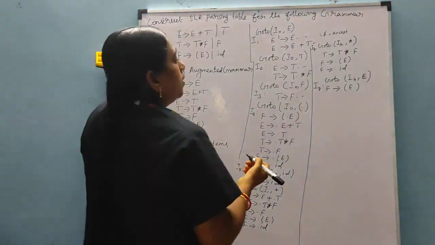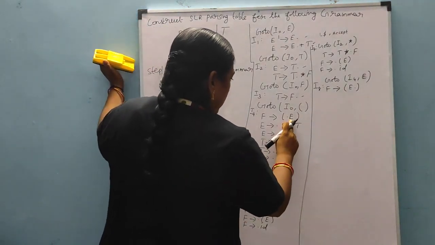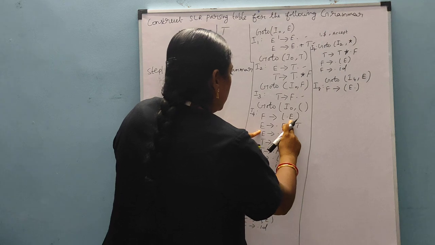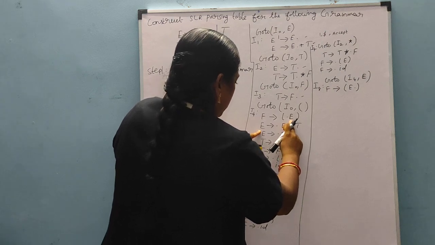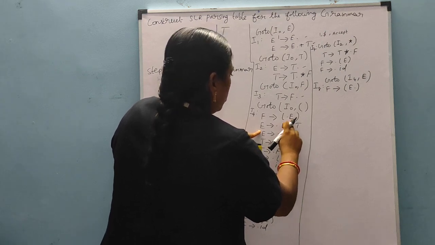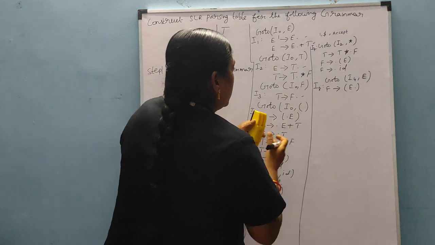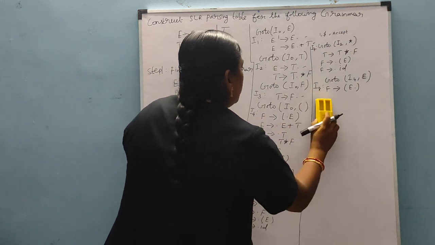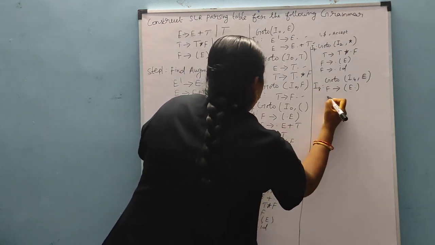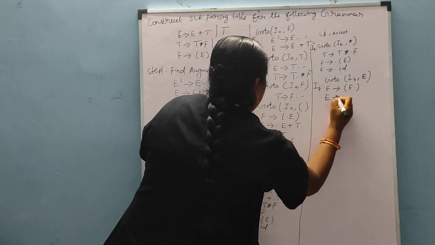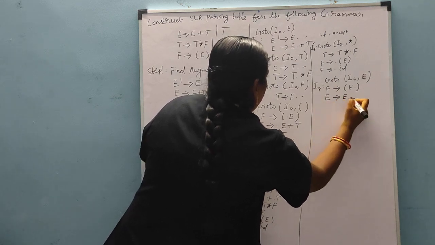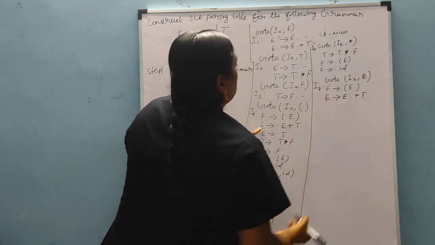After I4 comma E, the next state is, yes, is it correct? No, one more production is also there, right? Before that, I can add one more production that is present: E dot plus T also.